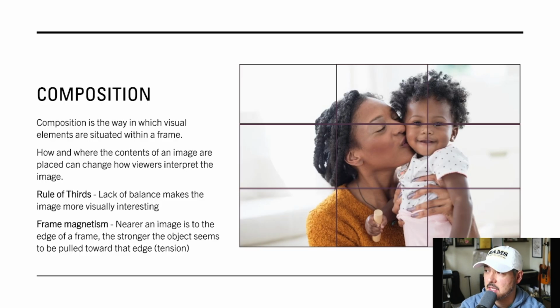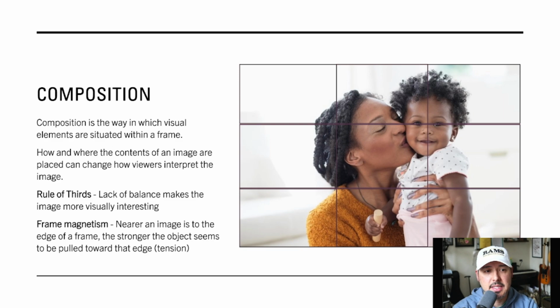Her eye line is kind of even with the upper line when we break it up laterally. So it makes it more visually interesting to have them offset slightly, even though it is a relatively simple picture.